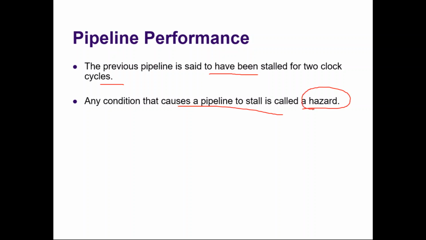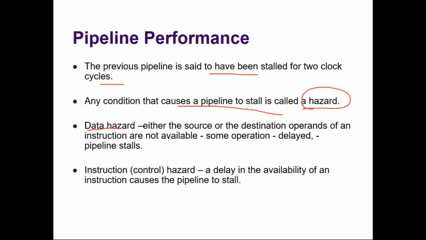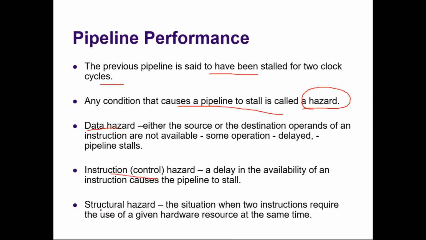This is another important term with respect to pipeline. Any situation that causes a pipeline to stall is called a hazard. There are 3 types of hazard. One is called data hazard, the other is called instruction or control hazard, and the other is called structural hazard. What is data hazard?